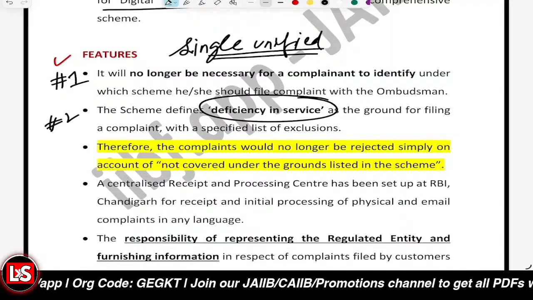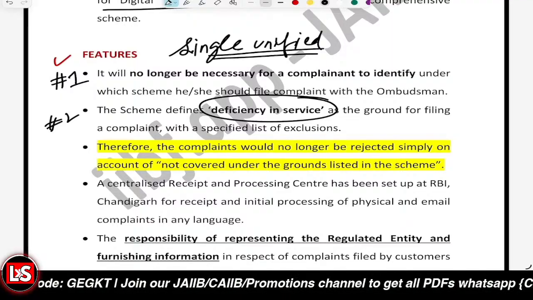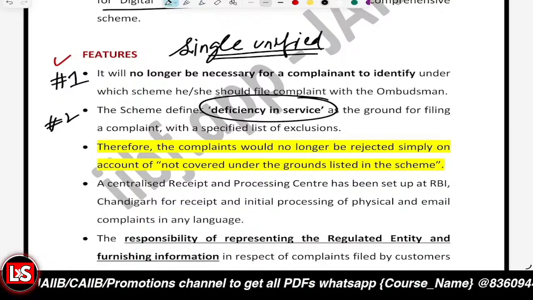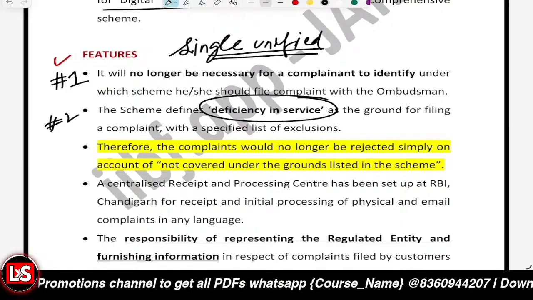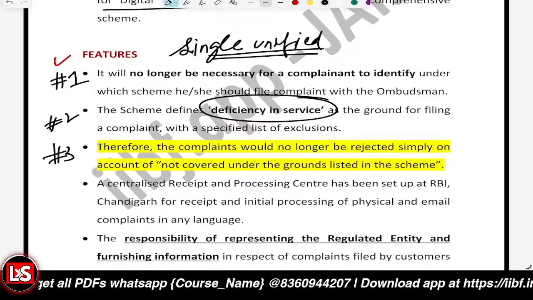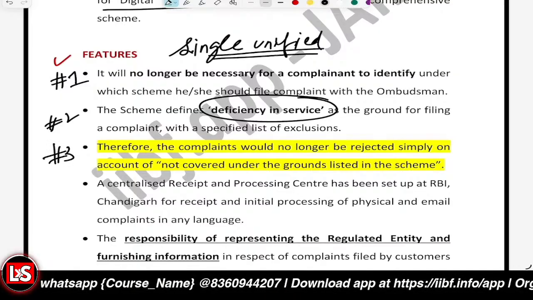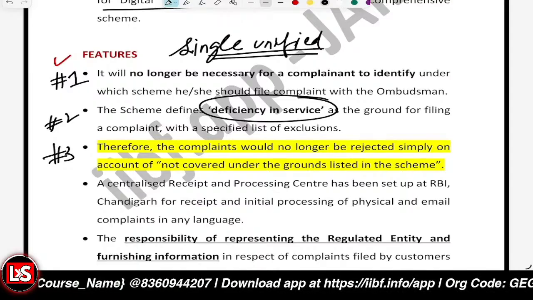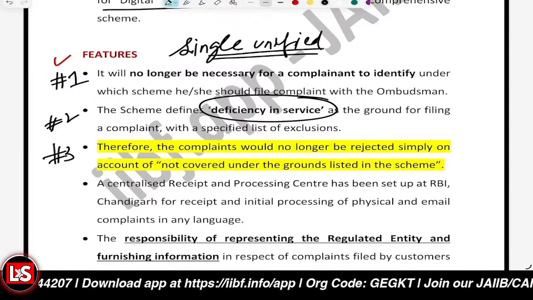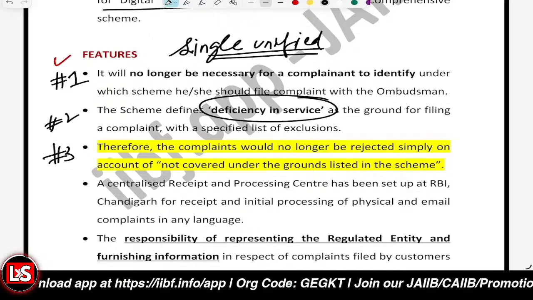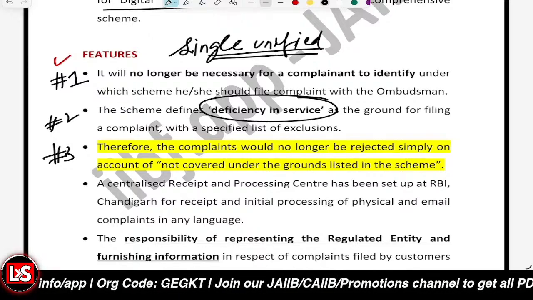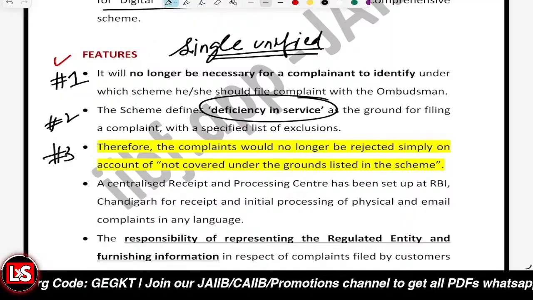This scheme defines deficiency in services on filing a particular complaint, due to which there are reduced rejections. Complaints cannot be rejected merely because they are outside the earlier listed grounds. There are exclusions which are defined particularly, but rejections are now reduced.